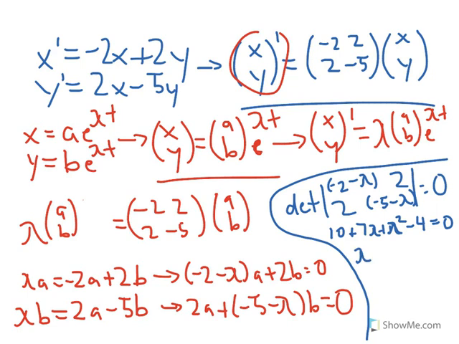Now this would be equal to lambda squared plus 7 lambda plus 6 equals 0.